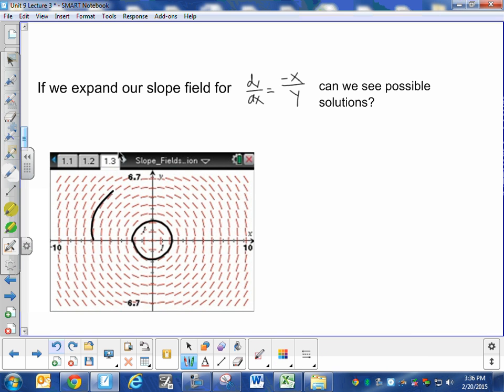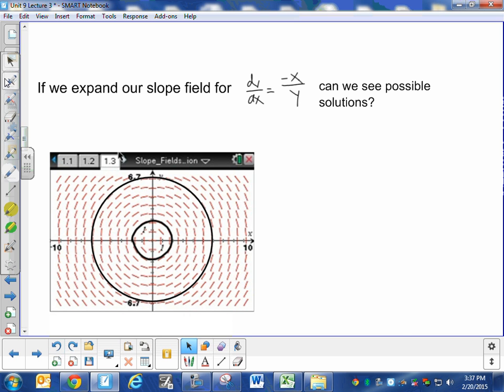I really kind of skipped a couple there. Well, does that mean I have two solutions? Does that mean I have more than one solution? Does that make sense? And if it does make sense, why does it make sense?